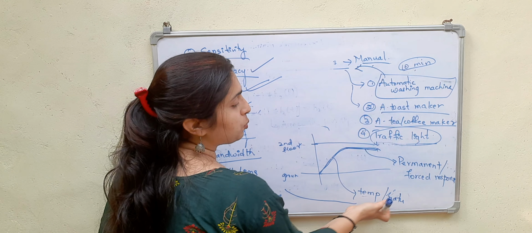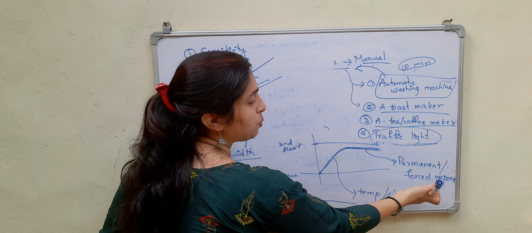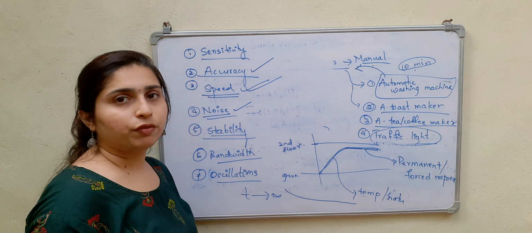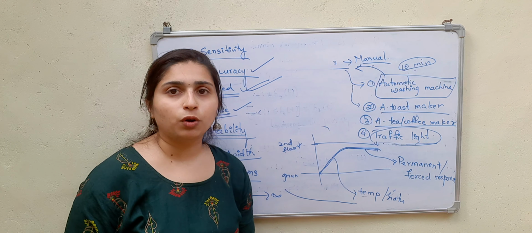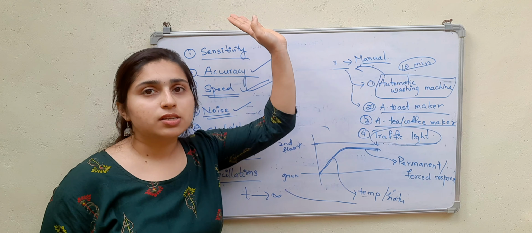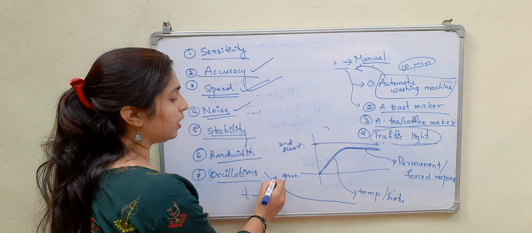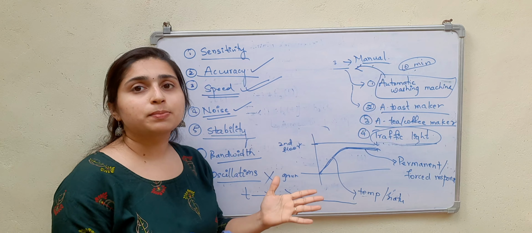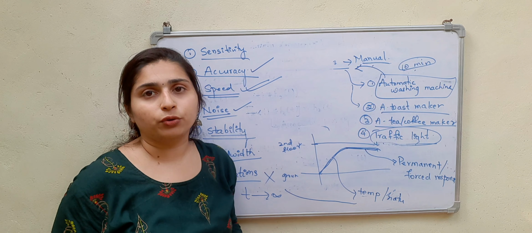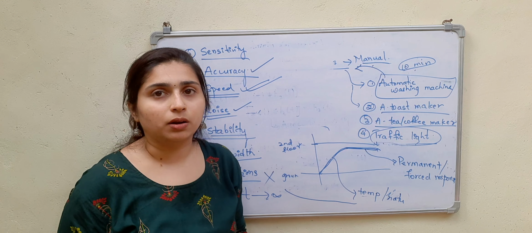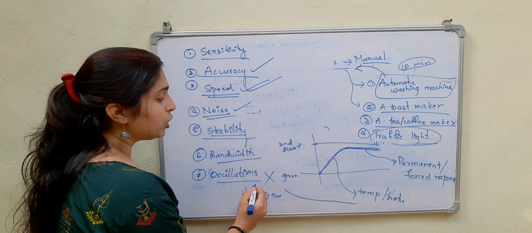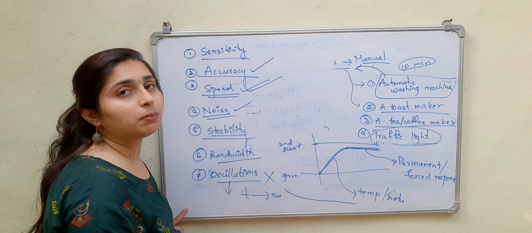If the natural response is greater than the forced response, what happens to your lift? Either it will be crashing to the floor or it will be going above the ceiling. That is what is going to happen if this is not in control. That makes your system uncontrolled. The system will be unstable. So oscillations should be as minimal as possible.